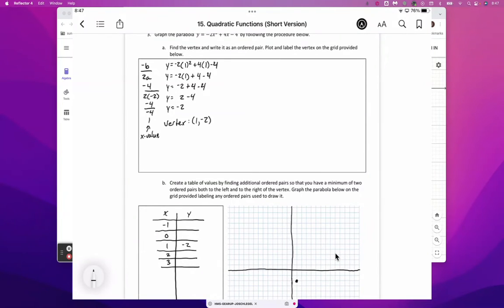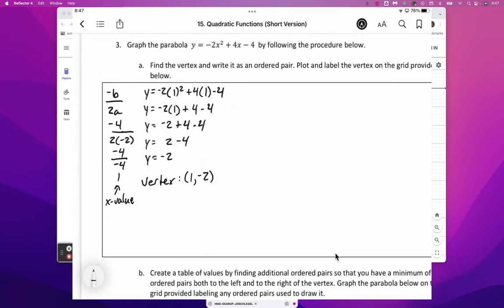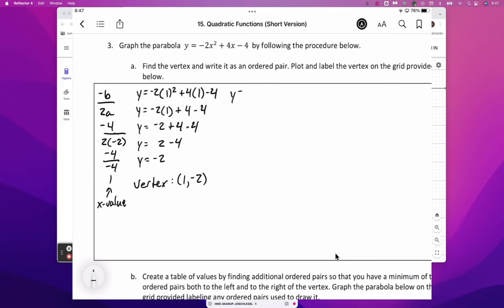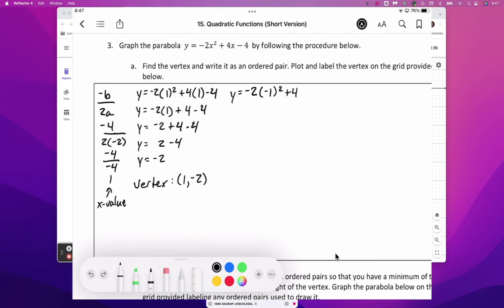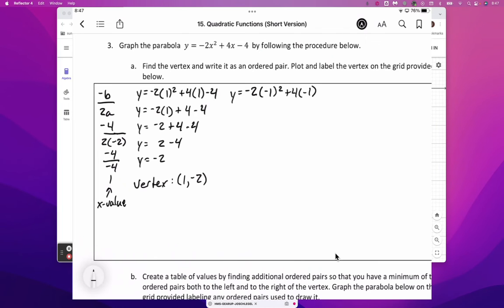And so to start with, I'm going to put our x value in of negative 1. So we will have y equals negative 2 times our x value, negative 1, squared, plus 4x, and our x value is negative 1, minus 4.